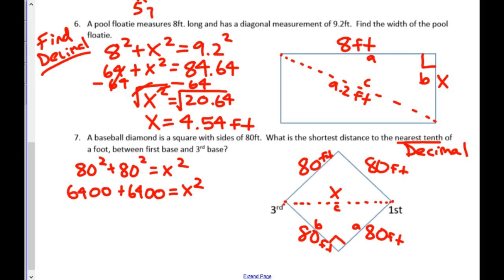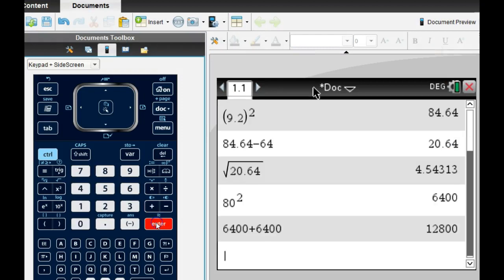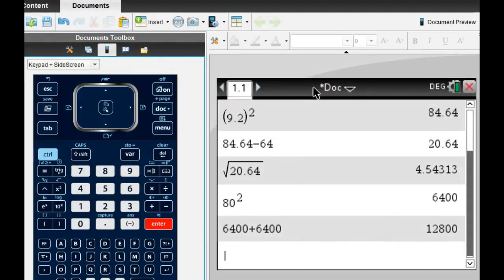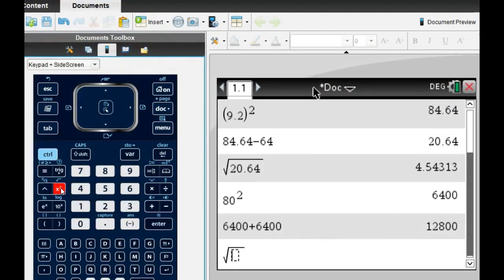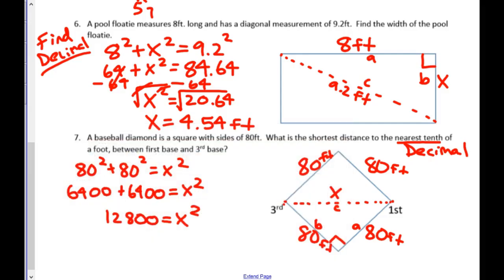Okay, add those up. 6,400 plus 6,400 is 12,800. And again, since it says nearest tenth, let's square root that. 12,800. 113.1. It does say to the nearest tenth. That's in feet.